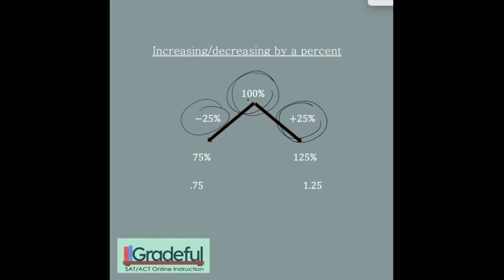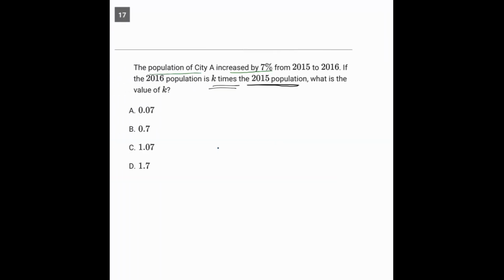So if we started at 100 and increased by 25%, it would take us up to 125%, and in decimal form, that's 1.25. If, on the other hand, we decreased by 25%, that would take us to 75%, which in decimal form is 0.75. This idea comes up a ton on the SAT.